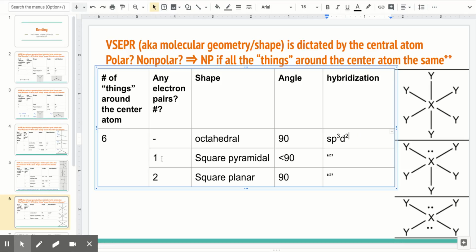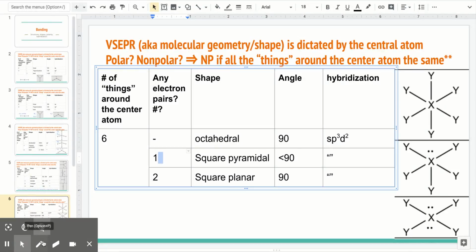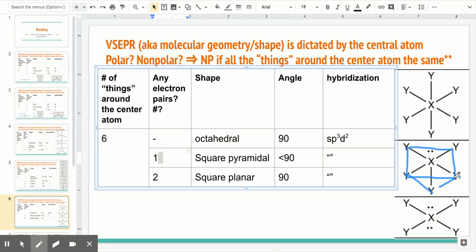So if now we replace one of those atoms with an electron pair, we have a new shape. This is called square pyramidal. So you imagine now this is a square base, and they're all pointing down to that point.